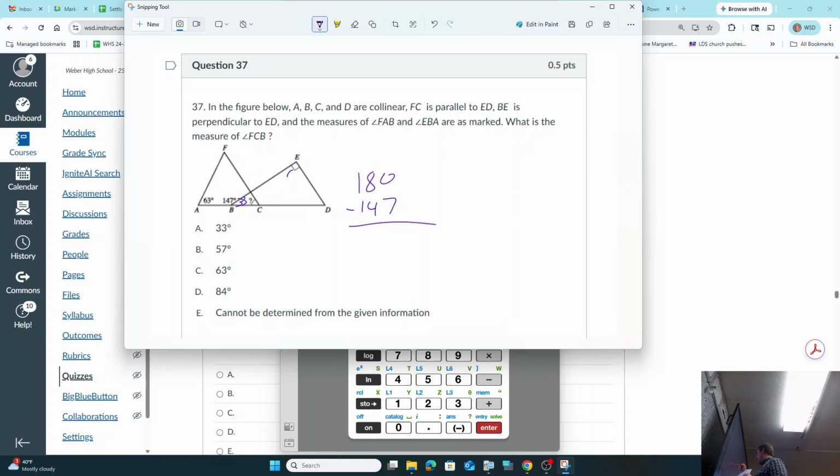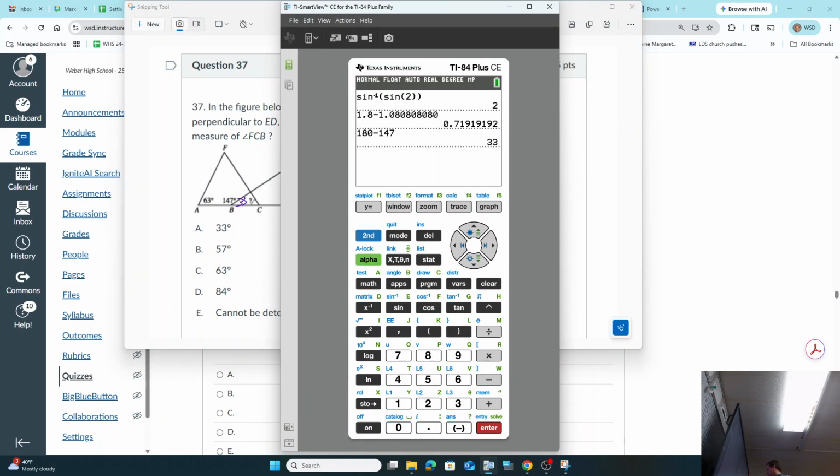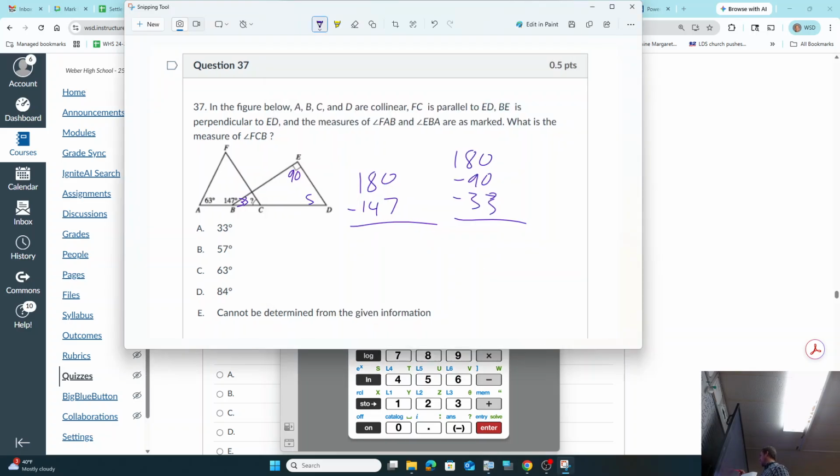And then this is 90 degrees. So 180 minus 90, and then minus 33 degrees, so that's basically 90 minus 33, which gives us 57 degrees.